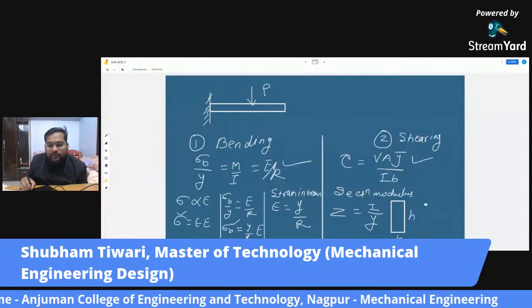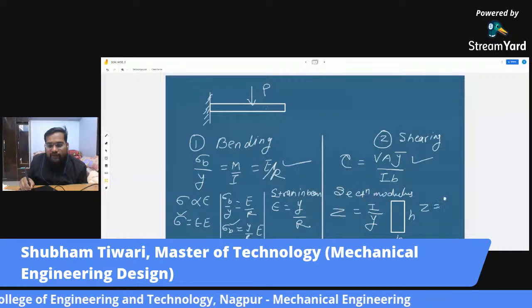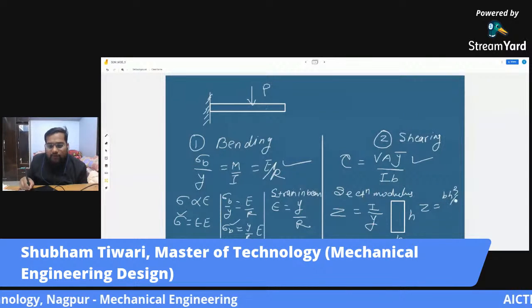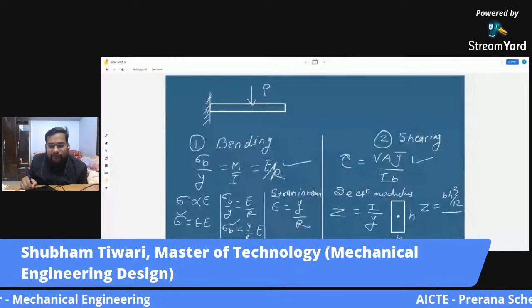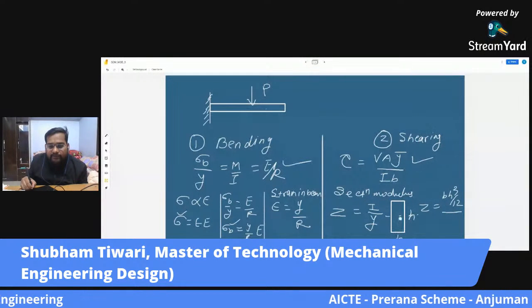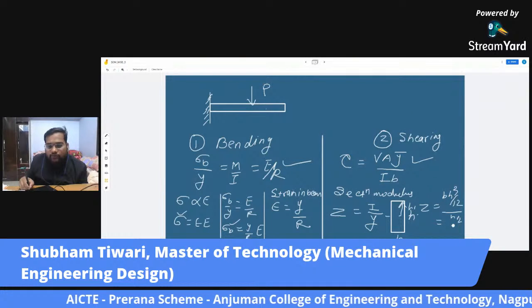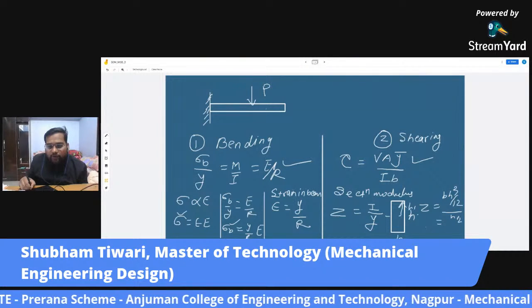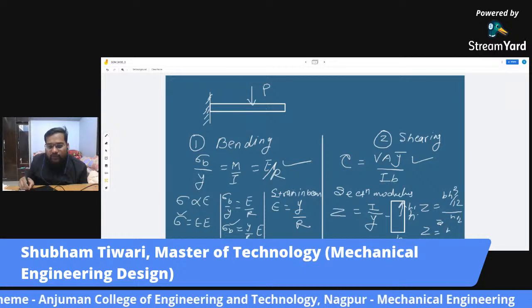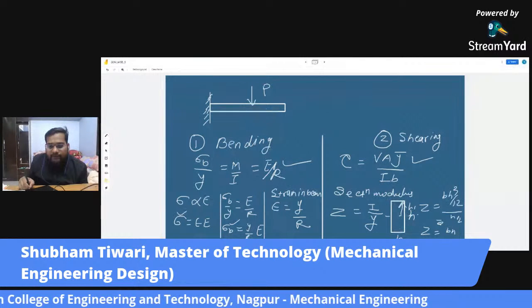For this, Z will be, what is the moment of inertia for a rectangle? It is bh cube by 12, and the distance from the neutral axis will be h by 2, divided by h by 2. So the section modulus for this beam will be bh square by 6.